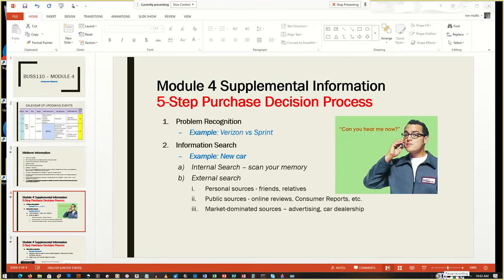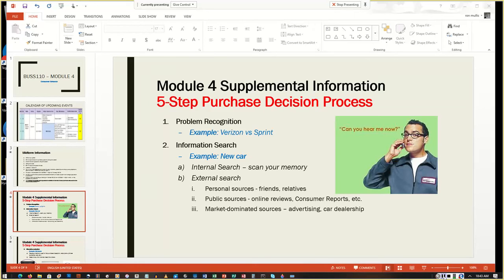So once that problem is recognized by Verizon or Sprint customers, the next step is the customer might want to do some research on Verizon if they're not currently already doing research on other companies.